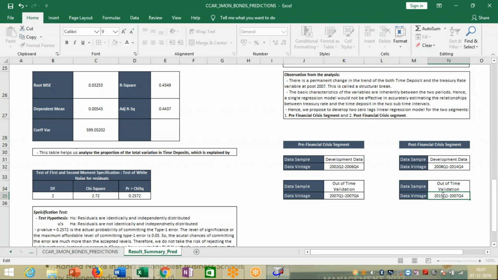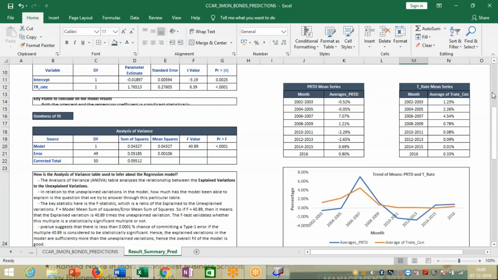Till this will go on to 20. And over here we'll have 2015 Q1 till 2016 Q4.